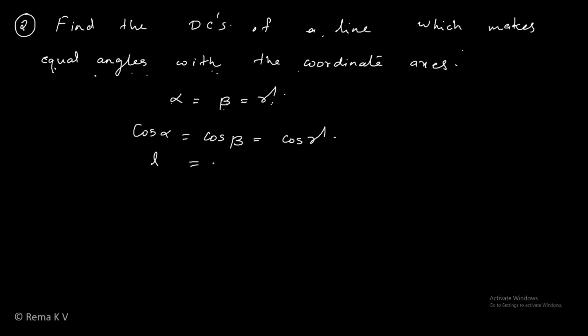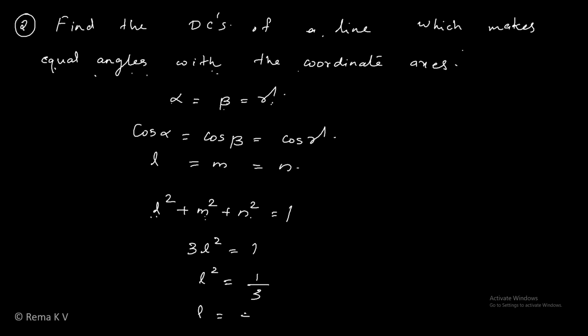Cos alpha is L, which is equal to M, is equal to N. And also we know that L square plus M square plus N square is equal to 1. Since L is equal to M is equal to N, we can write this as L square plus L square plus L square, which is 3L square is equal to 1. L square is equal to 1 by 3, or L is equal to plus or minus root of 1 by 3. Or this can be written as plus or minus 1 by root 3.